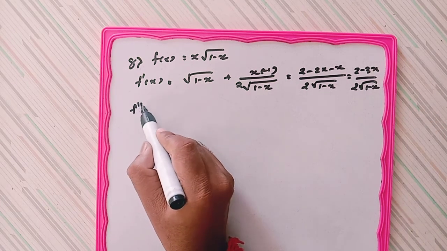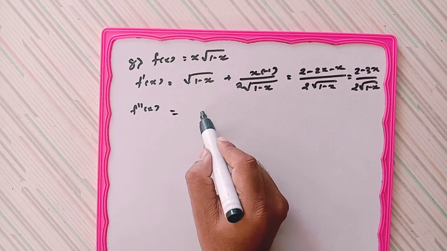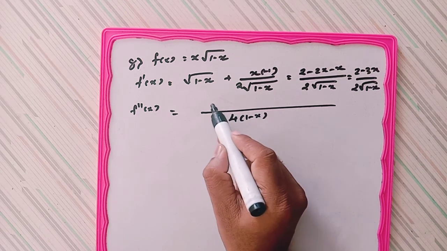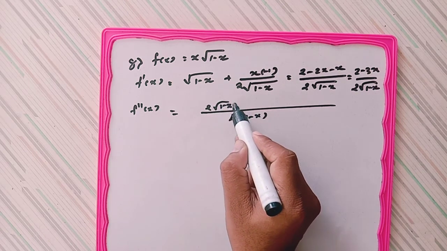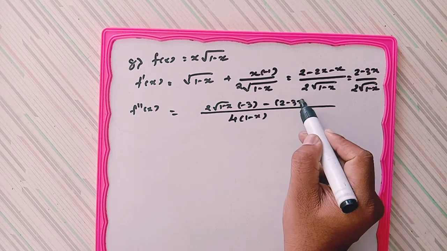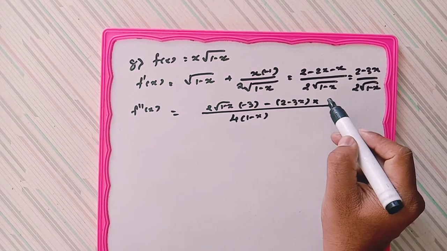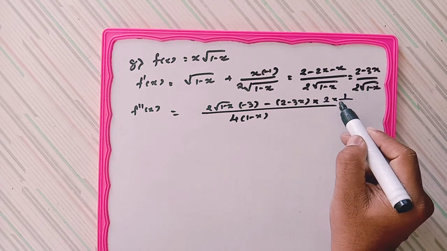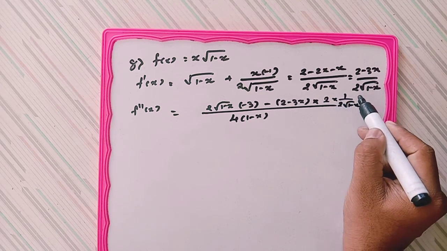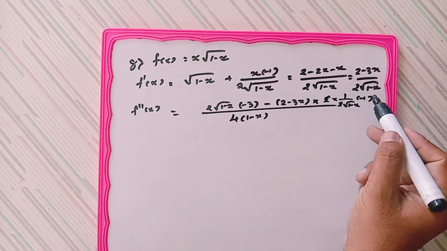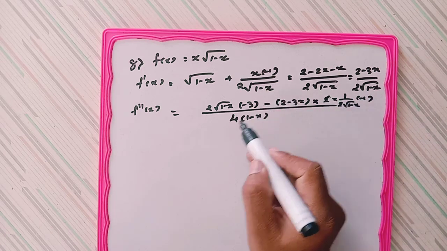Now f double dash x we do, and it is 4 1 minus x 2 under root 1 minus x as it is, and minus 3 minus 2 minus 3x as it is, and here differentiation 2 into 1 by 2 root 1 minus x into minus 1, so 2 will cancel, and minus 1 will become plus here.